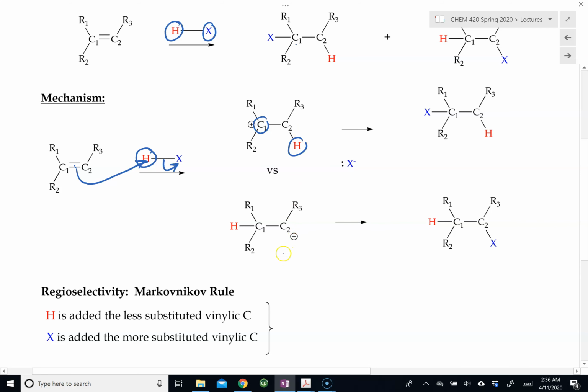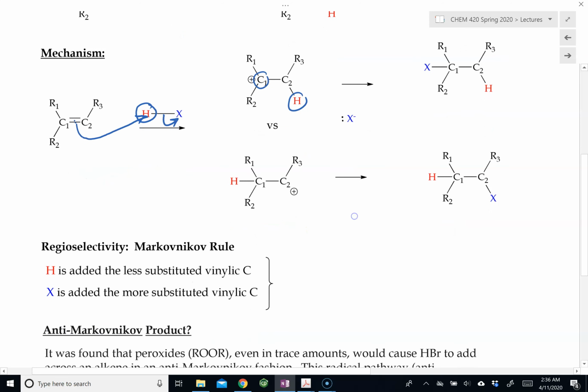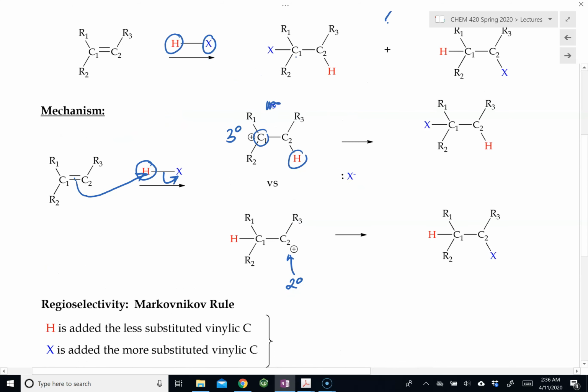These are the two carbocation intermediates that we form. Now we have to ask ourselves this question: which of these carbocations would be more stable? Here we have a secondary carbocation, versus in this case a tertiary carbocation. So clearly, this one would be more stable.